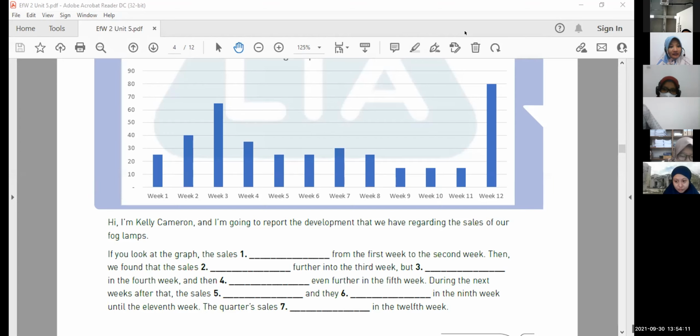During the next week, after that, fluctuated. I think the connection is a bit unstable for Miss Shanas. Miss Vivi or Miss Odi, perhaps can you help Miss Shanas? I think Miss Shanas said fluctuated. Fluctuated, okay. Then please continue for number 6, Miss Odi or Miss Vivi. Miss Vivi, you want to try? Number 6.